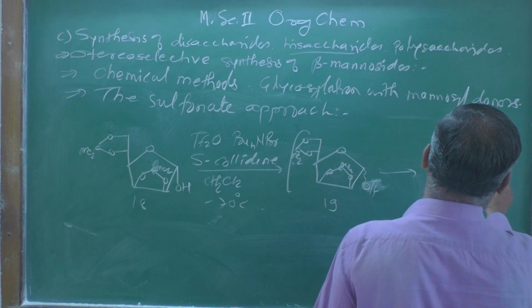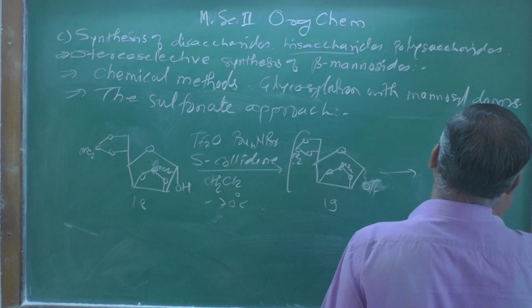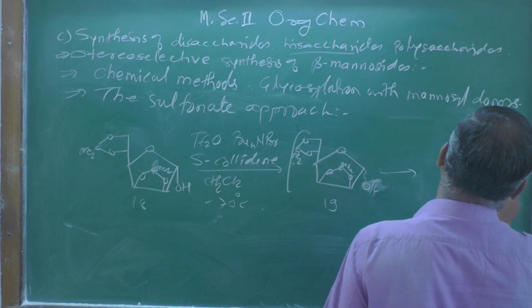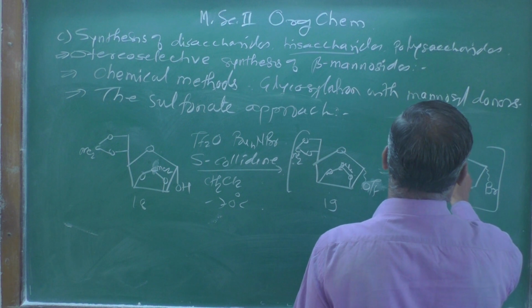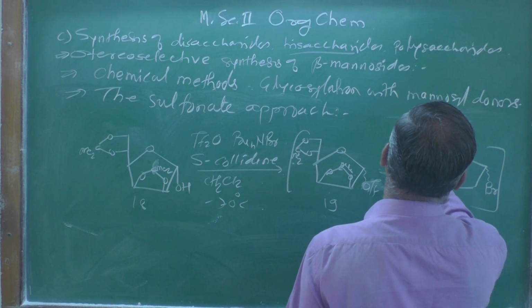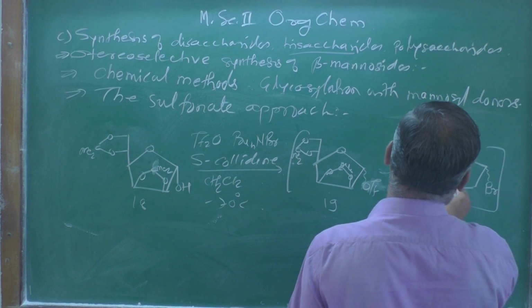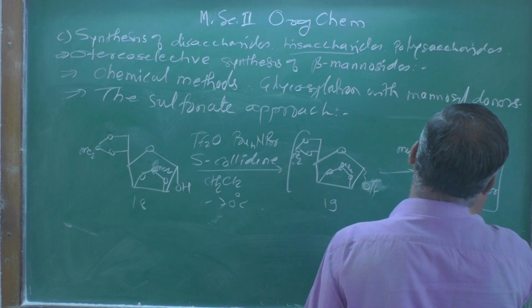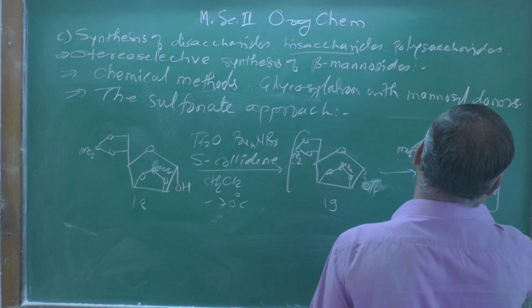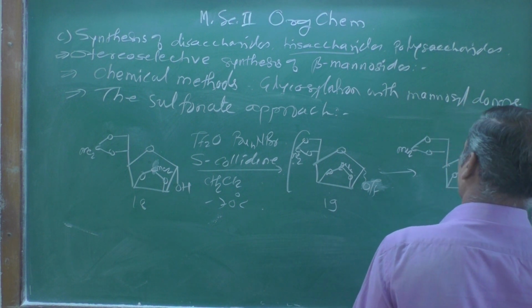So just remember, here we will get Br, that is bromide, over here. The other part remains as it is: C, Me2, here O, then C, Me2, like this.